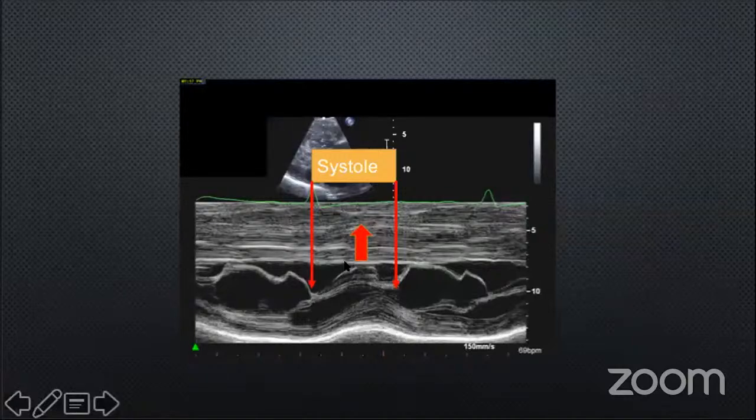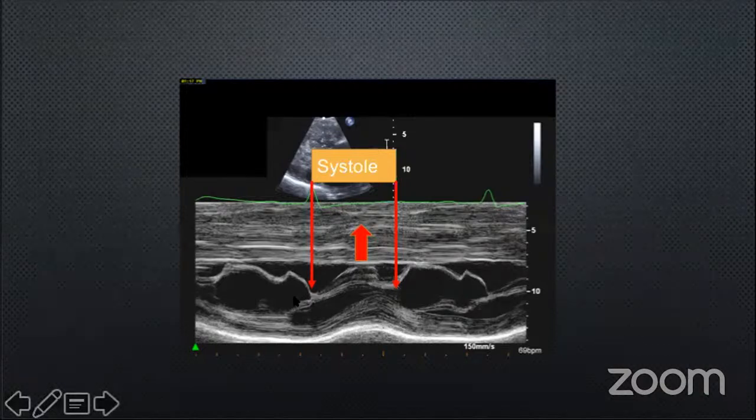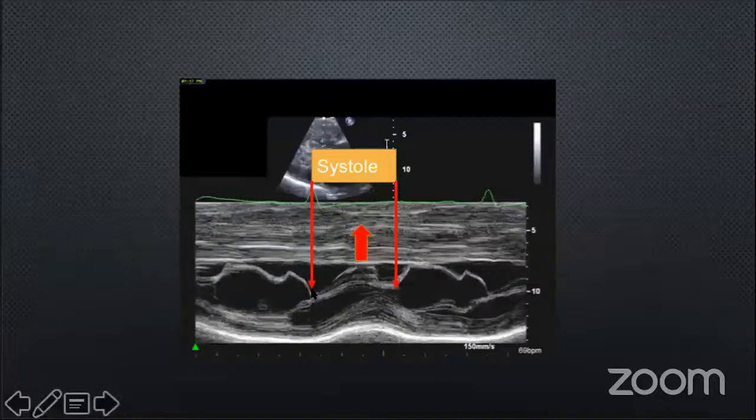Remember the M mode, I will also show you another example. Remember I showed you that in the M mode, there is a straight line here, which is away from the septum. The event occurs in systole, so from the end of the mitral valve opening, which is the beginning of systole, till the next opening.